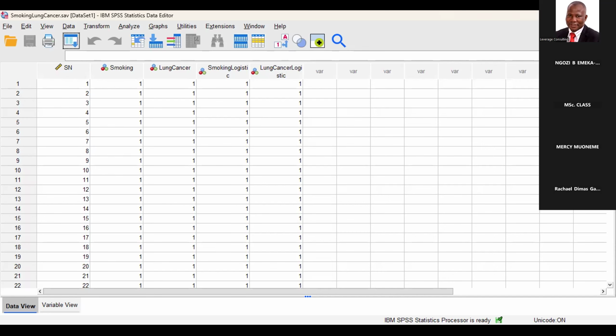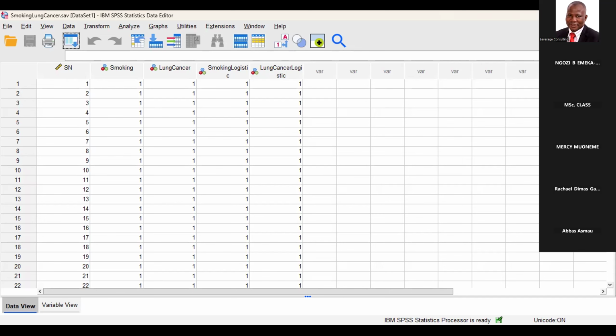That's why when you are coding it, it is 1, 2, 1, 2. So the people that are smoking are coded 1, the no coded 2, the lung cancer coded 1, no lung cancer coded 2. Leave all those other variables; those are the dummy variables I use to run logistic regression. That one you have to convert to 1, 0 when you want to run logistic regression.